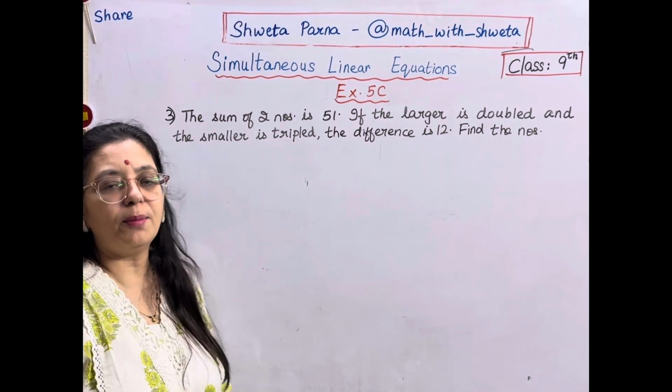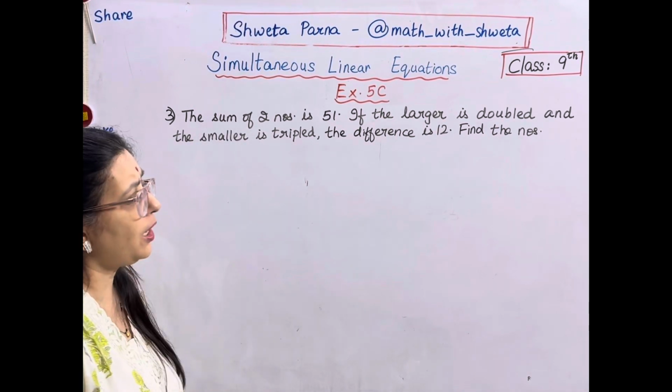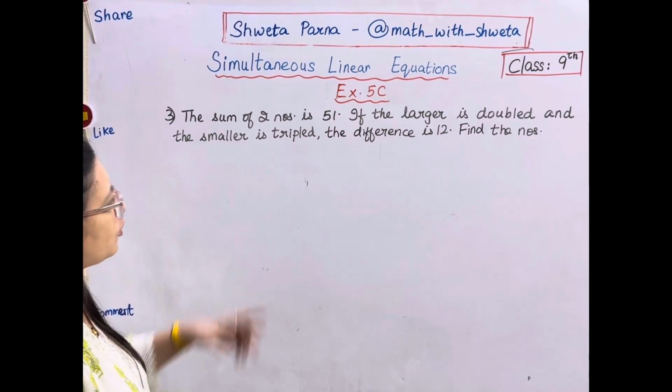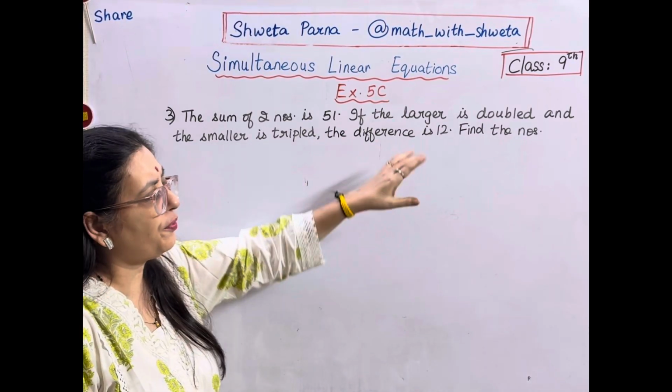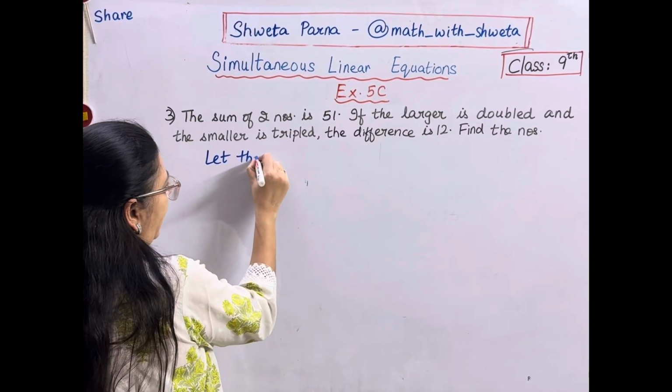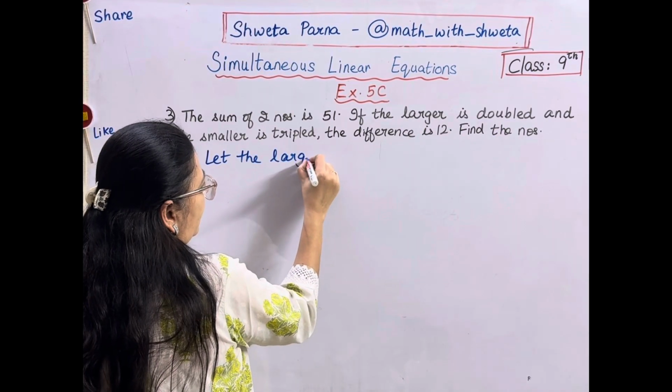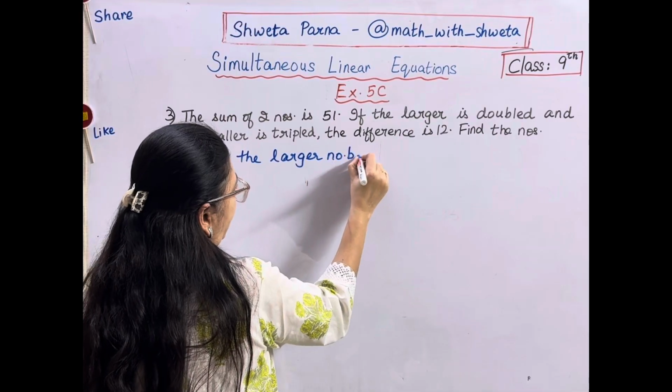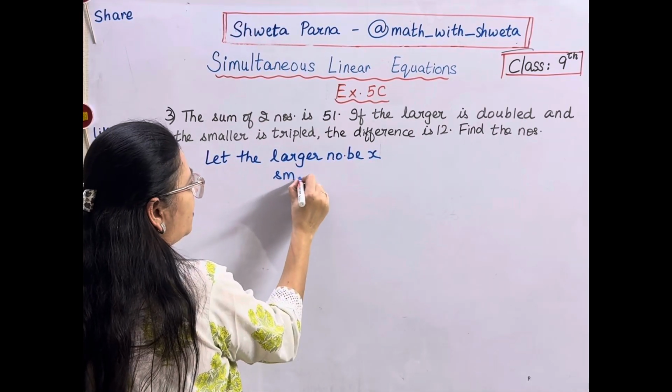The sum of two numbers is 51. If the larger one is doubled and the smaller one is tripled, the difference is 12. So let's assume let the larger number be x and smaller number be y.